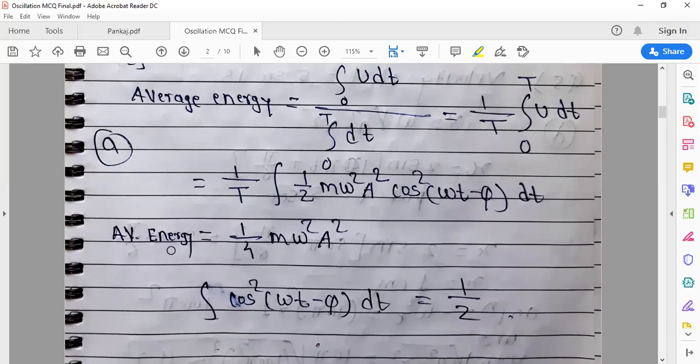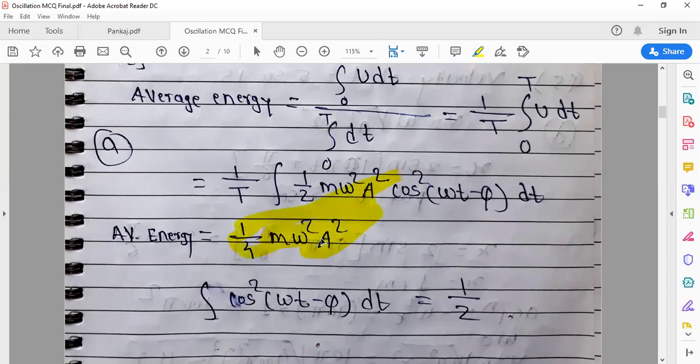Then for the average energy, because the integration value of cos square omega t is 1/2, we get 1 by 4 m omega square A square. So the resultant average energy is 1 by 4 m omega square A square. So the correct option for this question number 2 is 1 upon 4 m omega square A square.